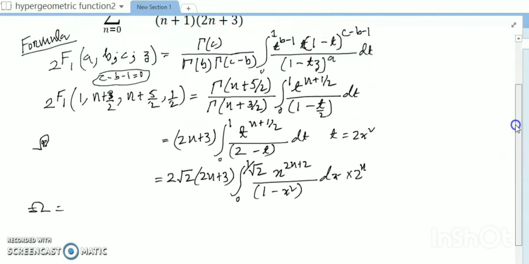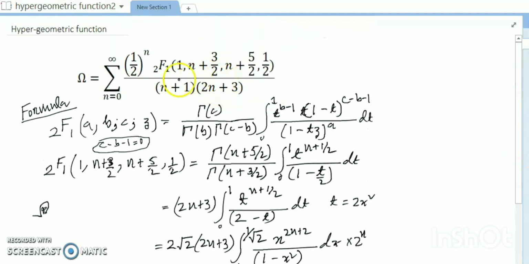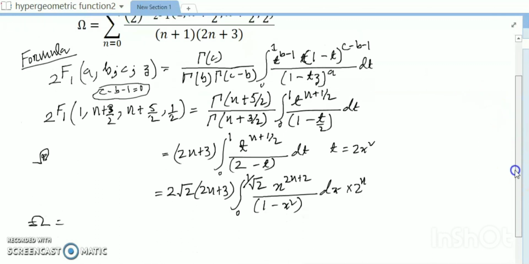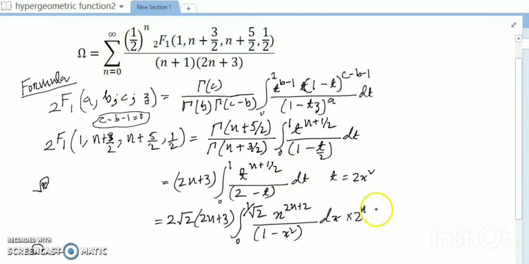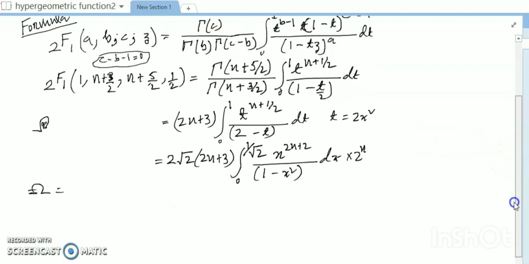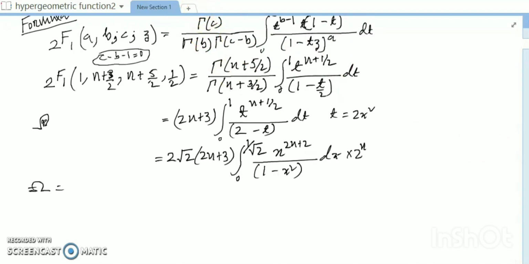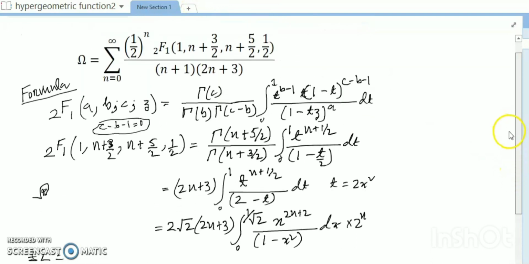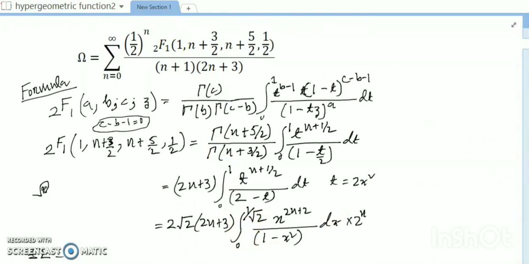You can check: 1 by 2 whole to the power n, and I get 2 to the power n, so 2 to the power n and 2 to the power n are cut. 2n plus 3 and 2n plus 3 are cut as well.